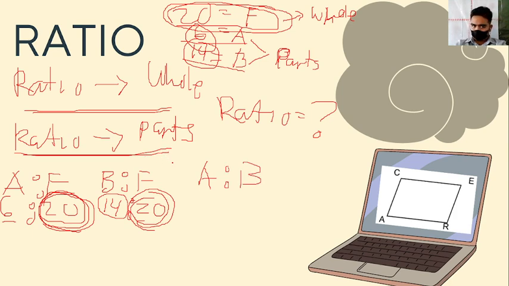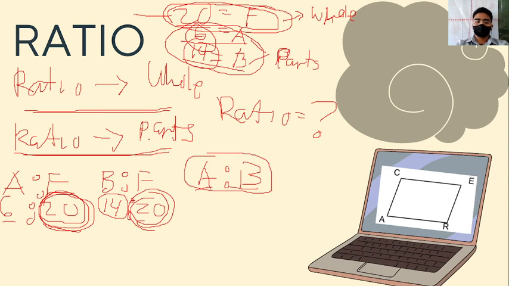What did you notice? You compare two things just within the parts. The whole, or your 20, is not included. You just get the ratio of the two parts.